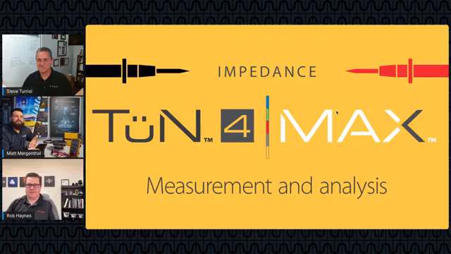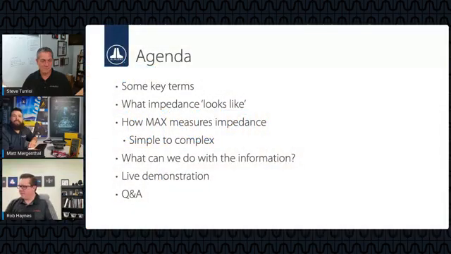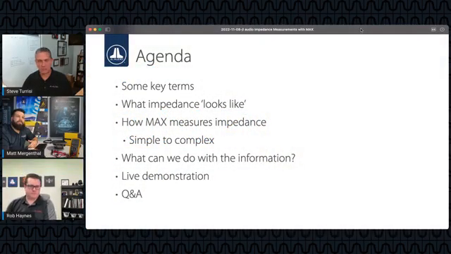So we're going to jump into it. And as Steve mentioned, we're going to get into using Max, the audio measurement system, here today, to take impedance measurements. We'll talk about not only how to take those measurements, but also how to analyze the data and make sense of it. First, we'll go through some key terms that will help bring some clarity.